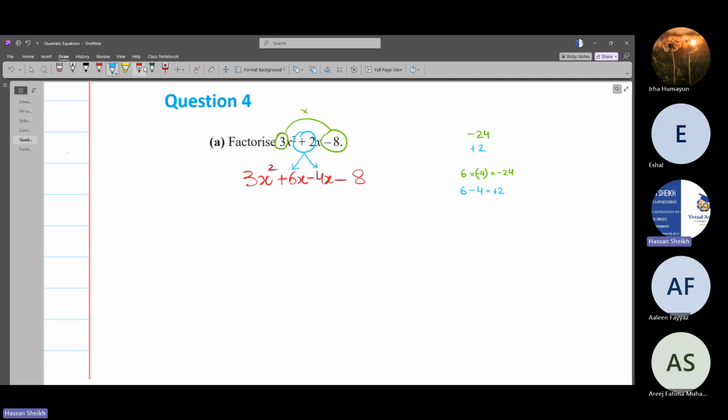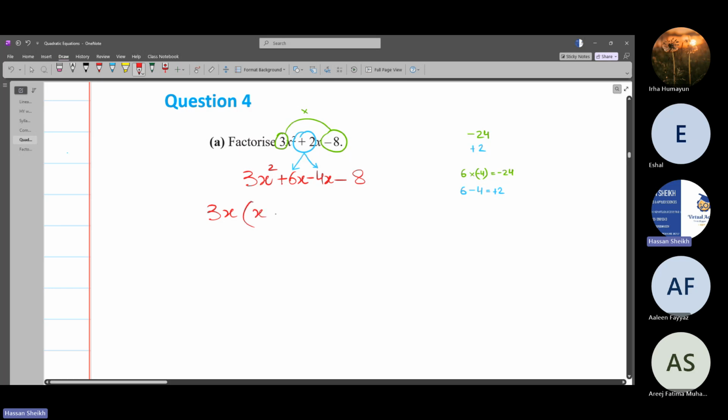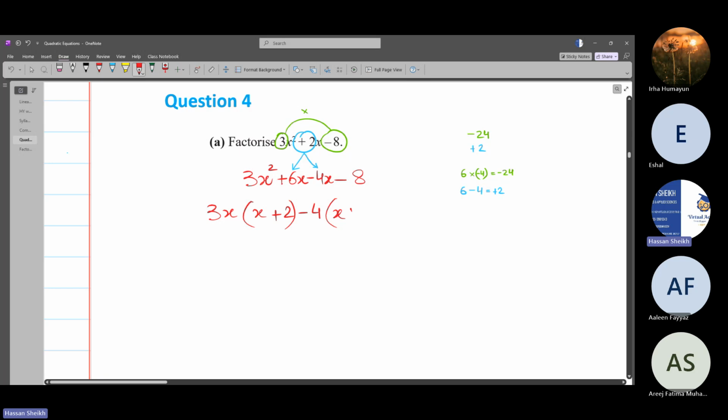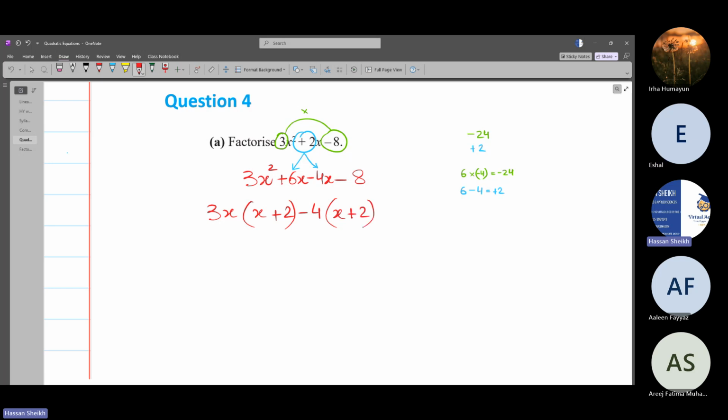Yes. Exactly. Now what we do, we take common from the first two terms, which is 3x. Agree that 3x must be common from the first two terms. And then minus 4 from the second two terms, it will be x plus 2 because the sign changes.